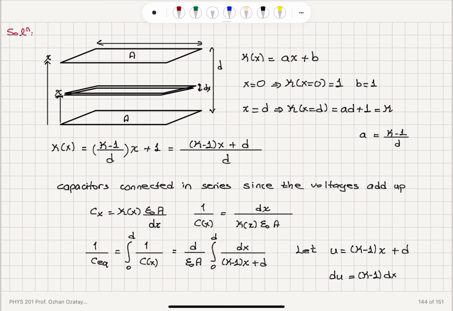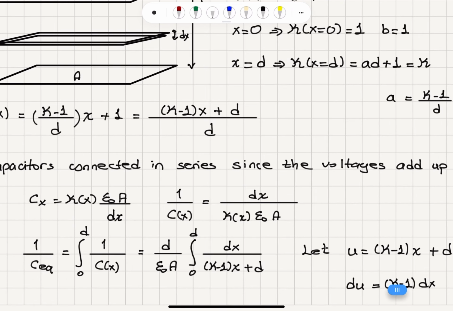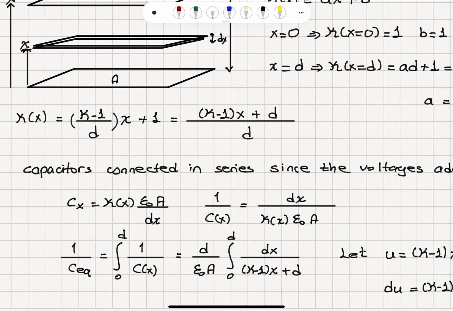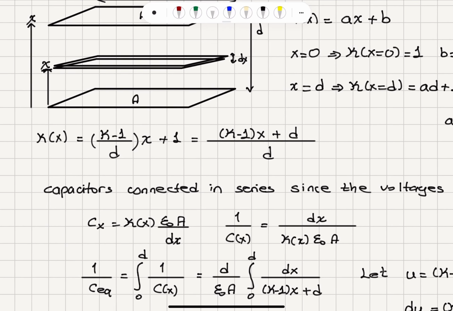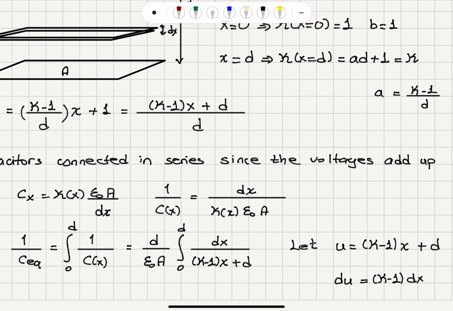And this is equivalent to having a series of capacitors connected in series, because the voltages add up to the voltage difference between top and bottom plate. That means 1 over C equivalent is the integral from 0 to d of 1 over C of x. And the capacitance at position x is kappa of x epsilon 0 A over dx, where dx is the differential separation between the plates.